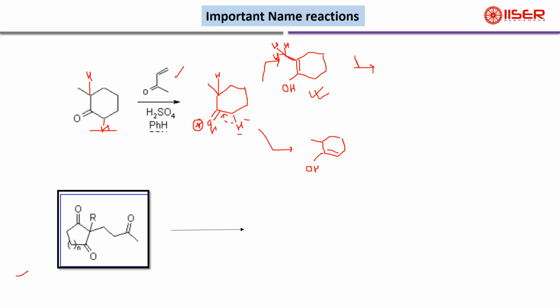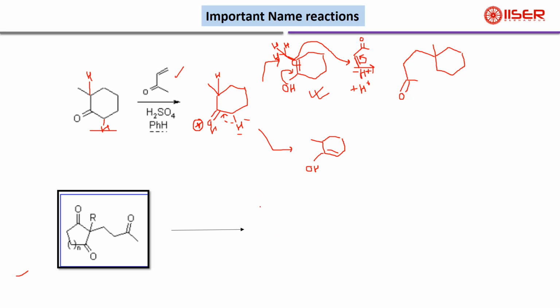Next step, it will attack this alpha beta unsaturated ketone, and it will form... still there will be a minus H plus from here, and there will be a plus H plus to this alpha carbon, to this alpha carbon.